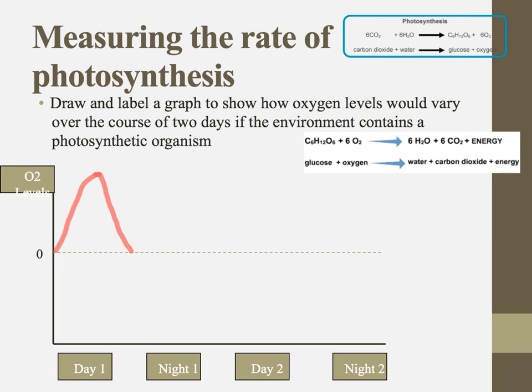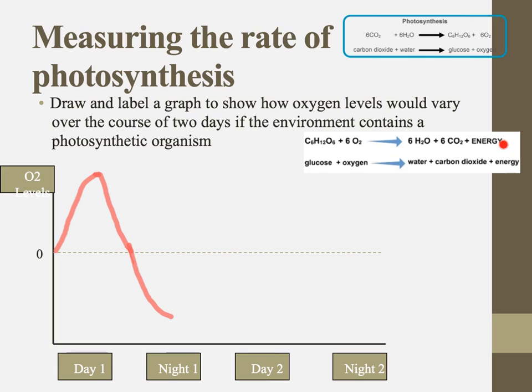But careful here, during the nighttime, actually all the time, plants and other photosynthetic things are taking this glucose that they're making and putting it through cell respiration because they need ATP for things. So the whole reason that they're undergoing photosynthesis is to make glucose so they can then undergo respiration to create ATP. So what we're going to see is a dip in our oxygen levels during the night.